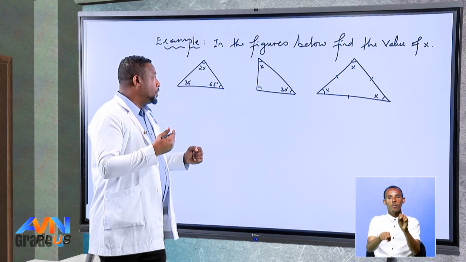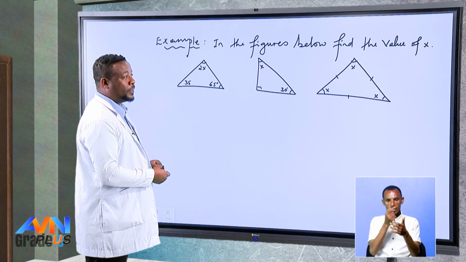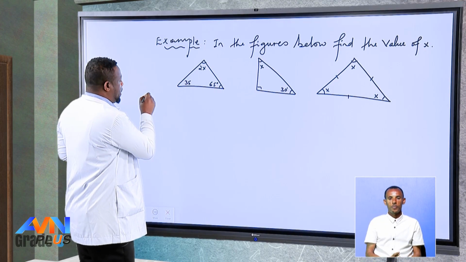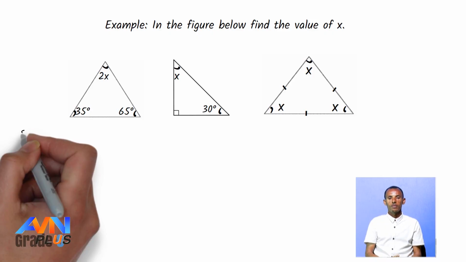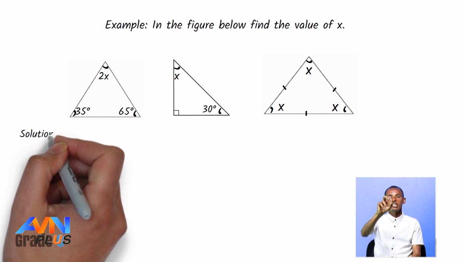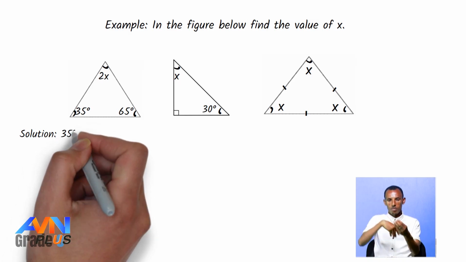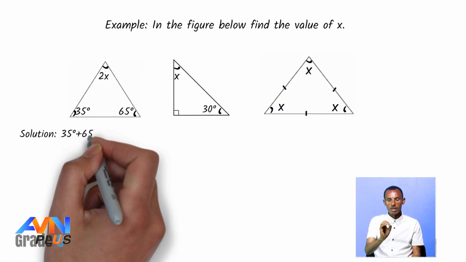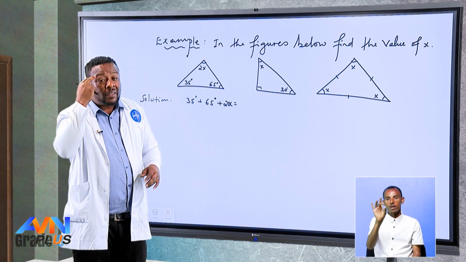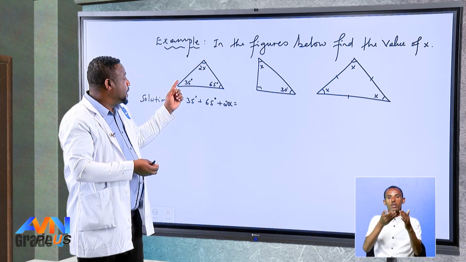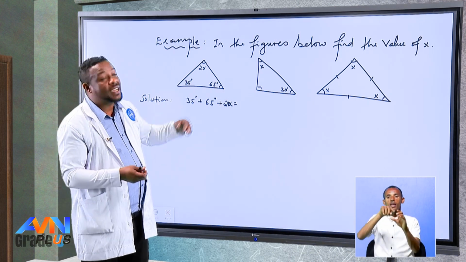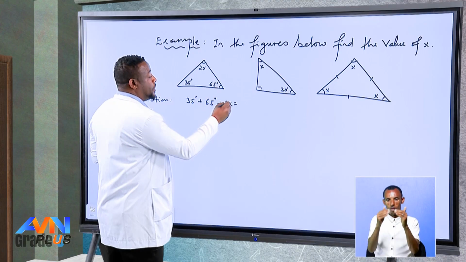So whenever we take the first triangle, the angles are 35 degrees plus 65 degrees plus 2x must be something. What is that number? Based on the previous theorem, the sum of all these angles must be 180 degrees.